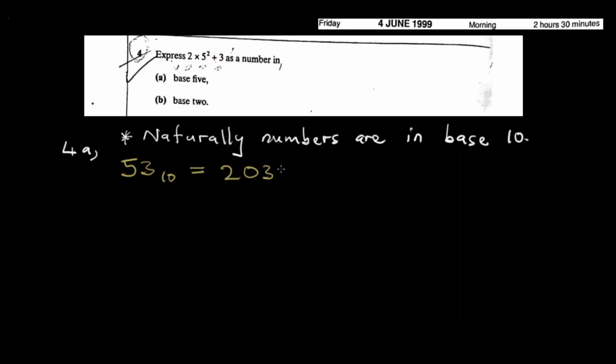So we have 203 base 5. We need to convert it to base 10 to find out if it is going to be 53 base 10. How then do we convert from base 5 to base 10?